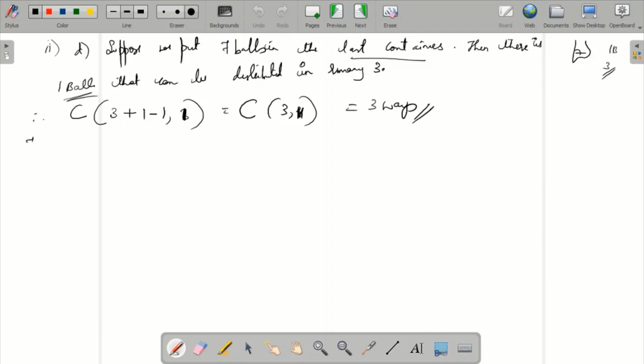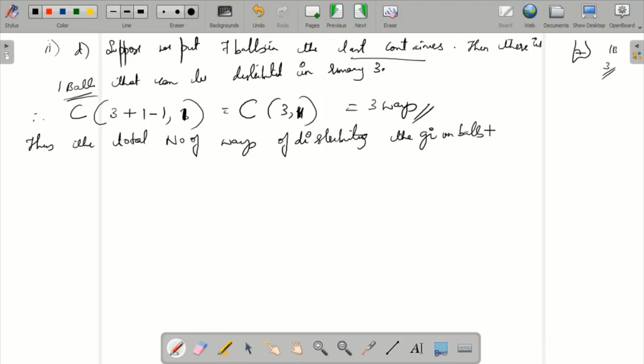Therefore the total number of ways of distributing the given balls so that the fourth container gets an odd number of balls is the combination of all these ways.